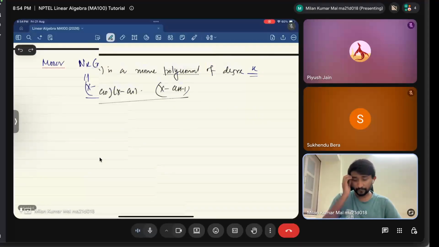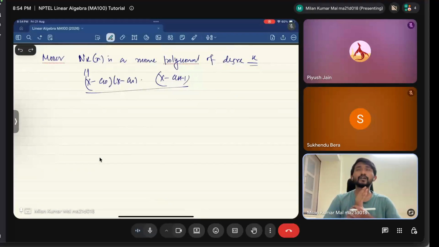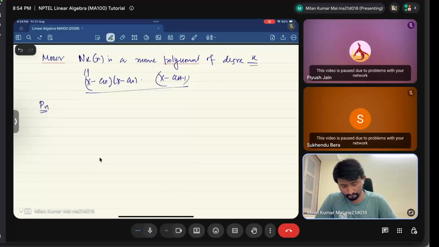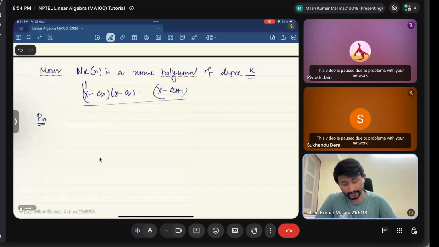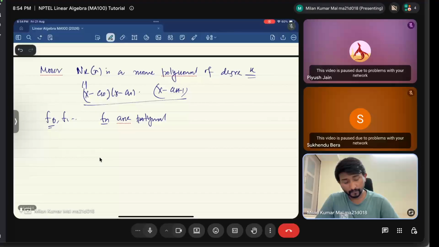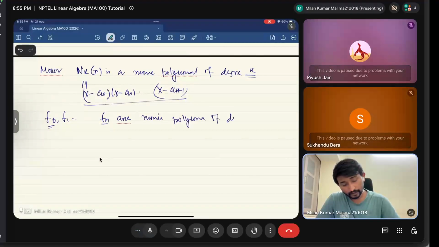So here you can consider something like this. Let's take Pn as the space of polynomials. Let f0, f1, all the way to fn be polynomials, where f0 is a constant polynomial and f1 to fn are monic polynomials of degree n.